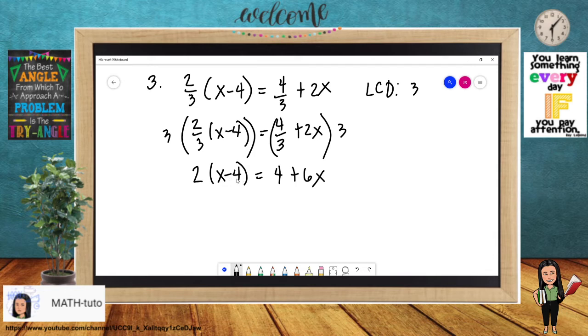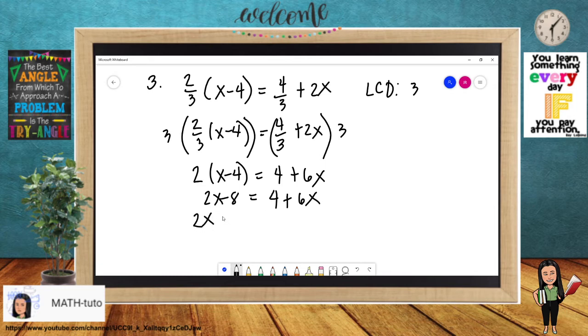Okay, distribute: 2x minus 8 equal to 4 plus 6x. Ang gagawin natin, syempre we need to put all the variables on one side. We can do that by subtracting 6x from both sides of the equation.